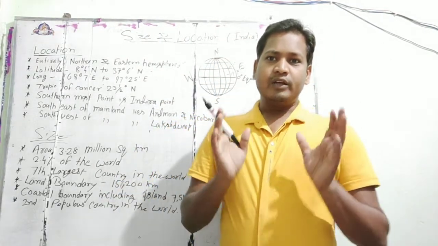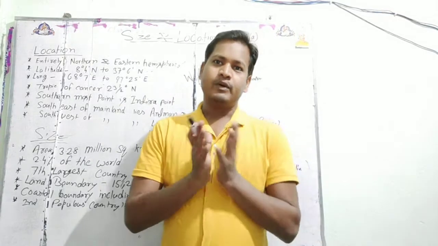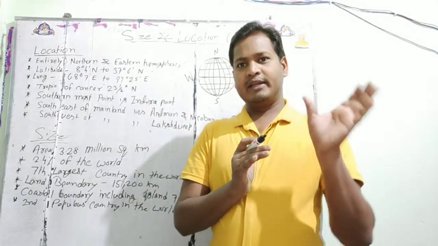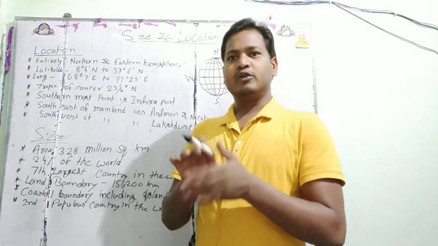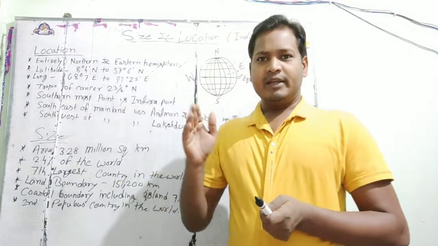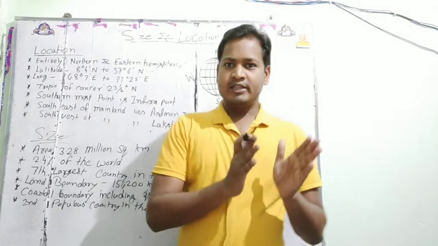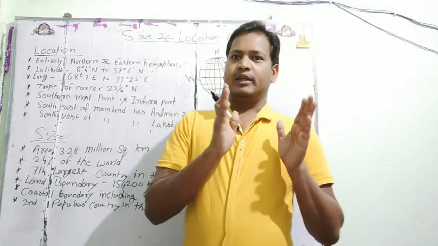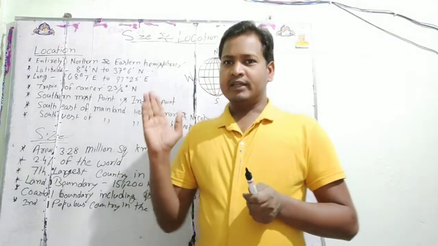That is the longitudinal and latitudinal extension of India. That means its latitudinal extension starts from 8 degree 4 minute north to 37 degree 6 minute north, and longitudinal extension from 68 degree 7 minute east to 97 degree 25 minute east.